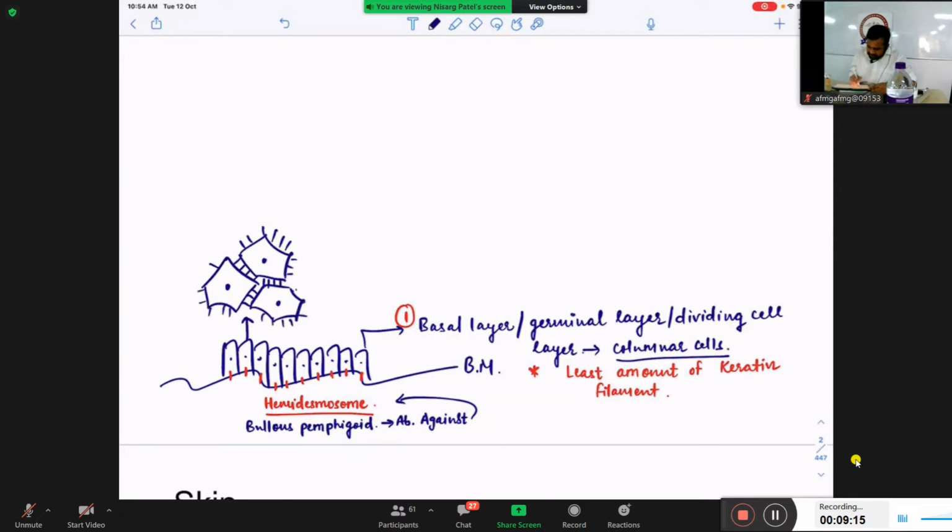and because of these spikes which are present here, this layer is known as the stratum spinosum. So remember like this, because of spikes it is spinosum. Because of this spike, this is also known as the prickle layer.